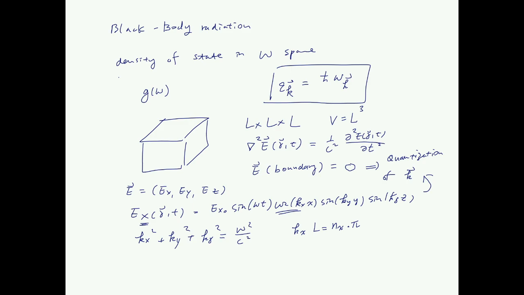So that means I can think about omega squared as something like (pi c / L) squared times (nx squared plus ny squared plus nz squared). If L is very big, then this is almost like a continuous function. So now the question is, how do I get this density of states?